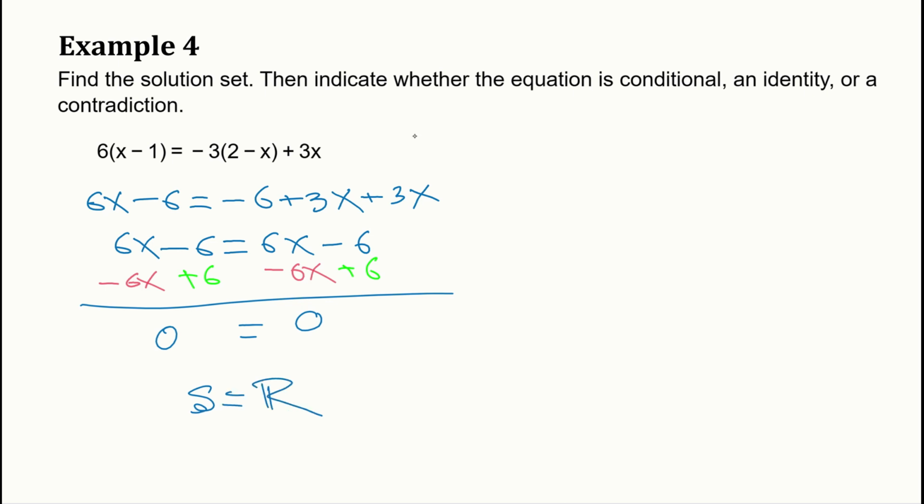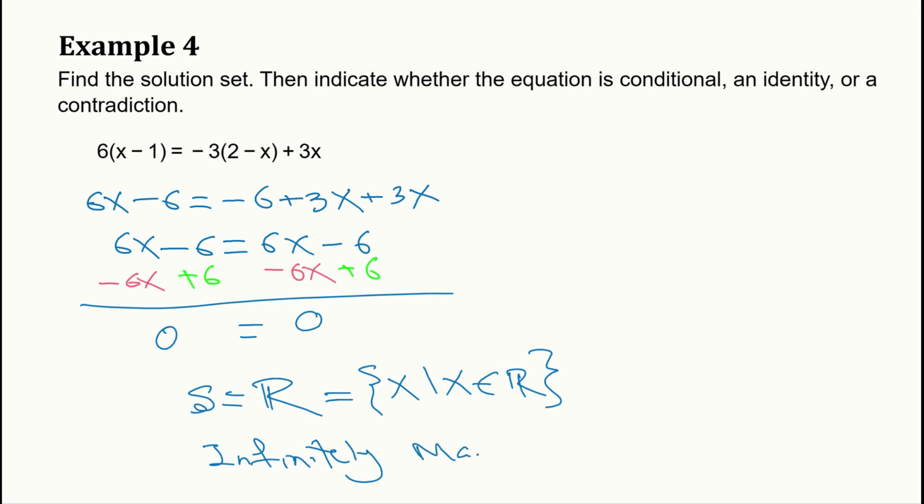You can put this in set builder notation: all x such that x belongs to R. And how many solutions do we have here? Obviously, we have infinitely many solutions. Okay, so that's how you take care of that.